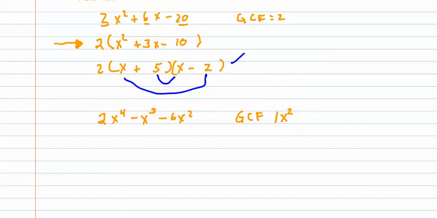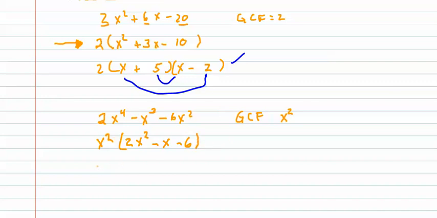I will never do that. All right, so we factor out the x squared. How many x's do I need? I have 4 there. I need 4. I have 2. I need 2 more. I need 3. I have 2. I need 1 more. I need 2. I have 2. I'm good to go.